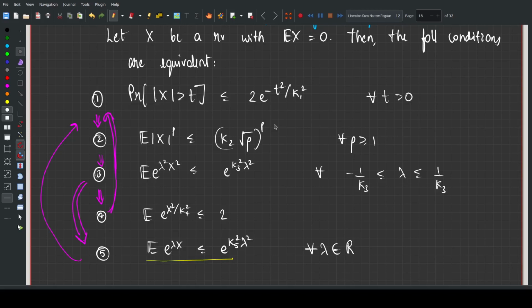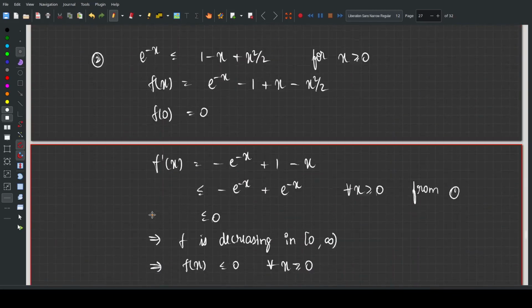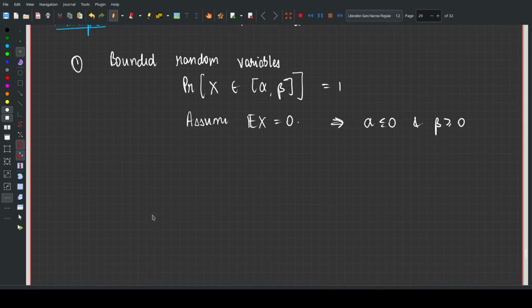So these are the properties that we have. And I want to find whether a bounded random variable is subgaussian or not. Any guesses which would be the easiest property to look at?